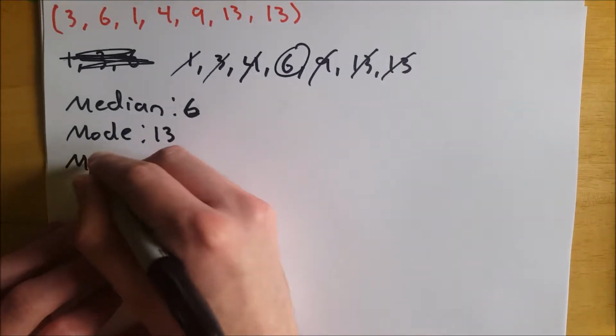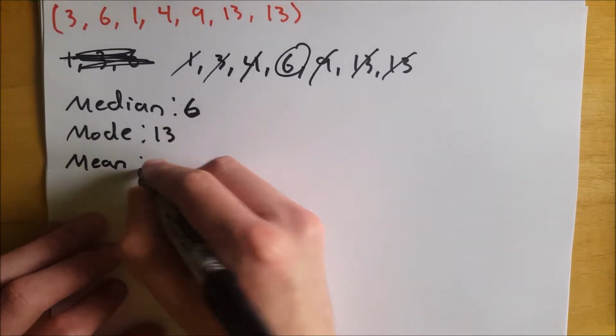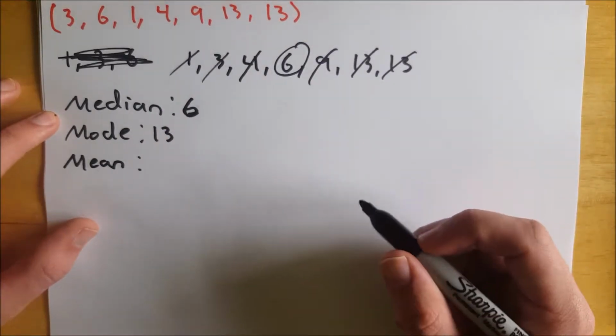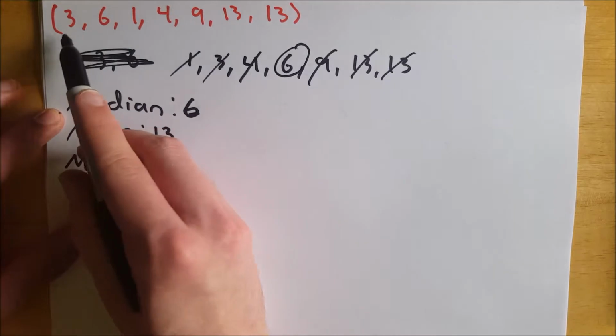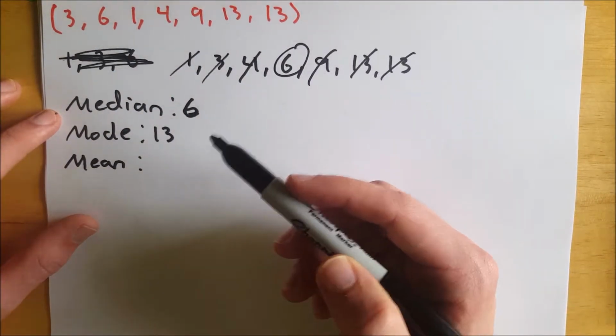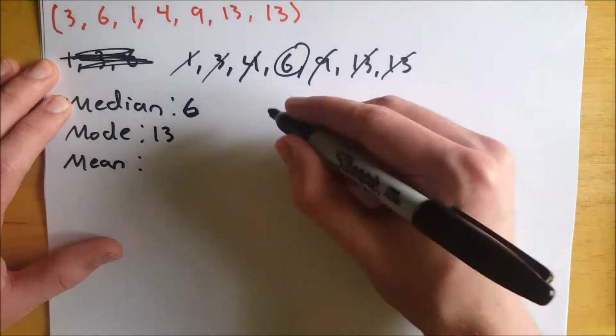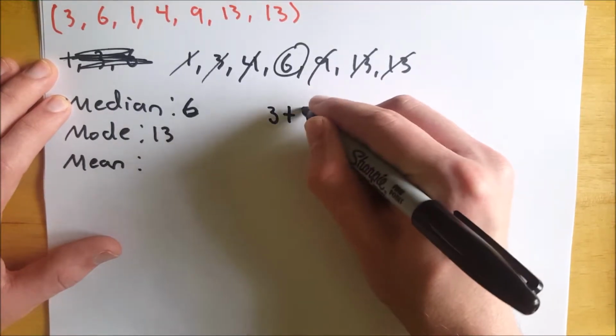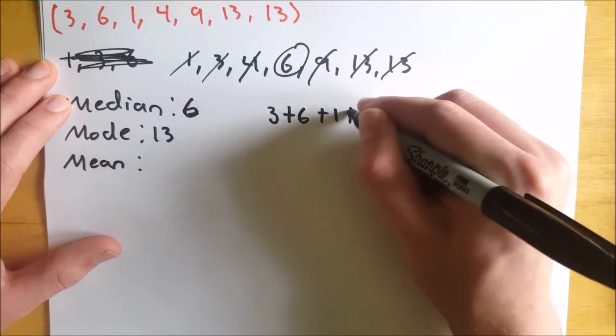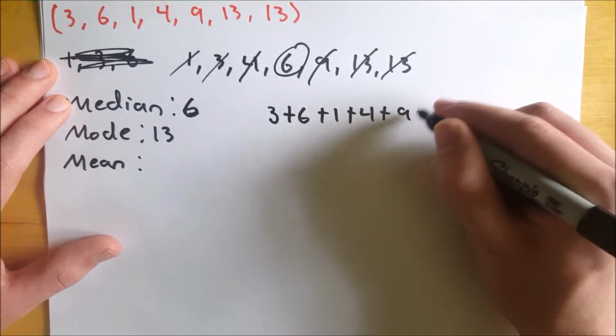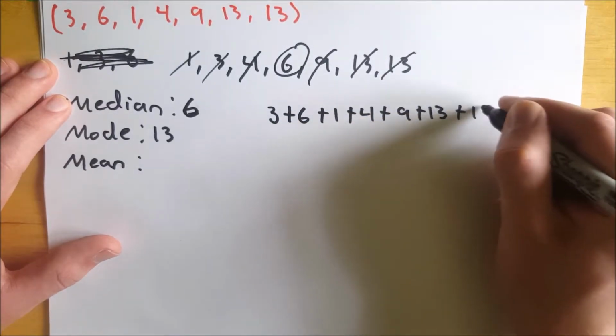Now, the mean is computationally the most difficult one, but it's still not too tricky. For the mean, all you have to do is add up all of your data points and then divide by the total number of data points. So in this case, we have 3 plus 6 plus 1 plus 4 plus 9 plus 13 plus 13.